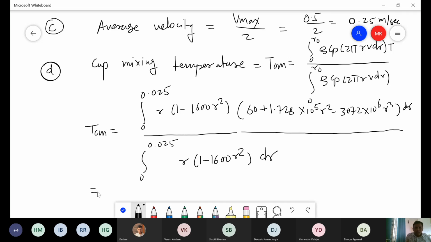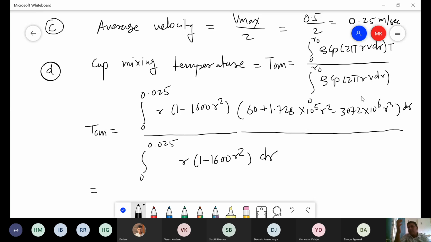Okay. So what this formula basically calculates is the average temperature across the pipe by considering the variation not only in temperature but also in velocity. If you look at the numerator here, both the variation in velocity as well as temperature is considered. Remember, V and T both are functions of R, isn't it? And that is divided by only the variation in the velocity. So it is in a way averaged over energy.